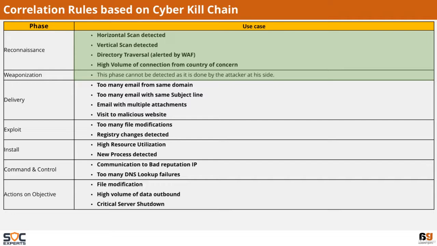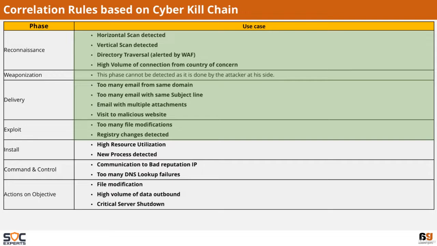In the weaponization phase, it's difficult to detect because this is done on the attacker side. For the delivery phase, too many emails from same domain, too many emails with same subject line, mail with multiple attachments, visit to malicious websites. All these could be rules that can detect the delivery of the malware.